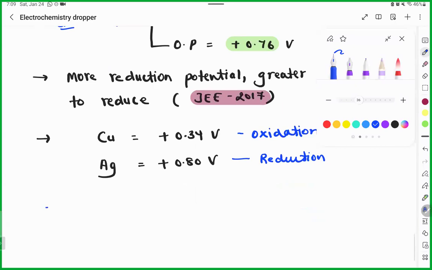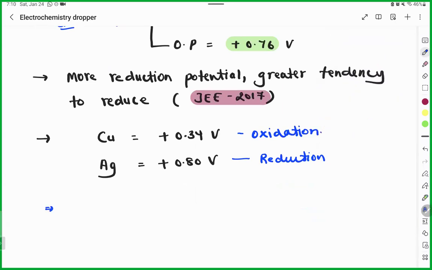If you are considering electrode potential, what will be the concentration in the half cell?